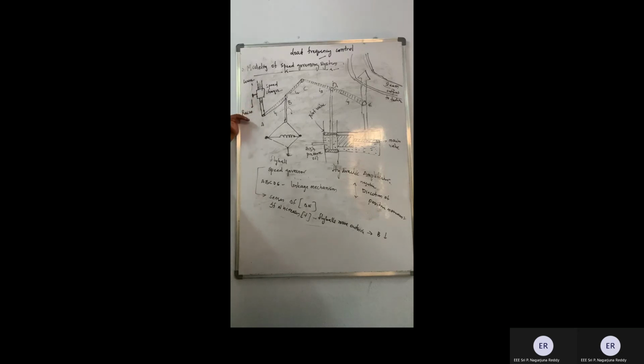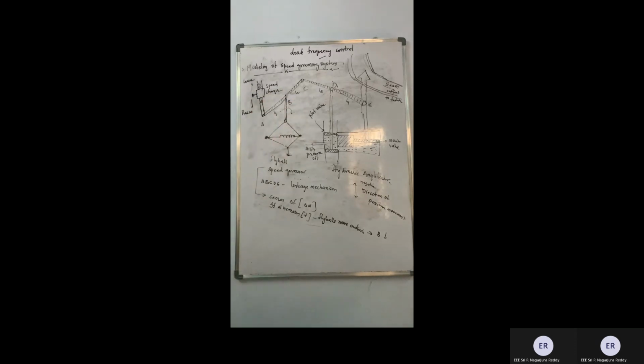Why it is being done like this, I will show you in the coming portion. This is a manual control. If I want to manually vary the speed, either increase or decrease, then I can adjust this linkage mechanism. Now this one also adjusts the linkage mechanism, but automatically. Both these things are controlling this linkage mechanism.